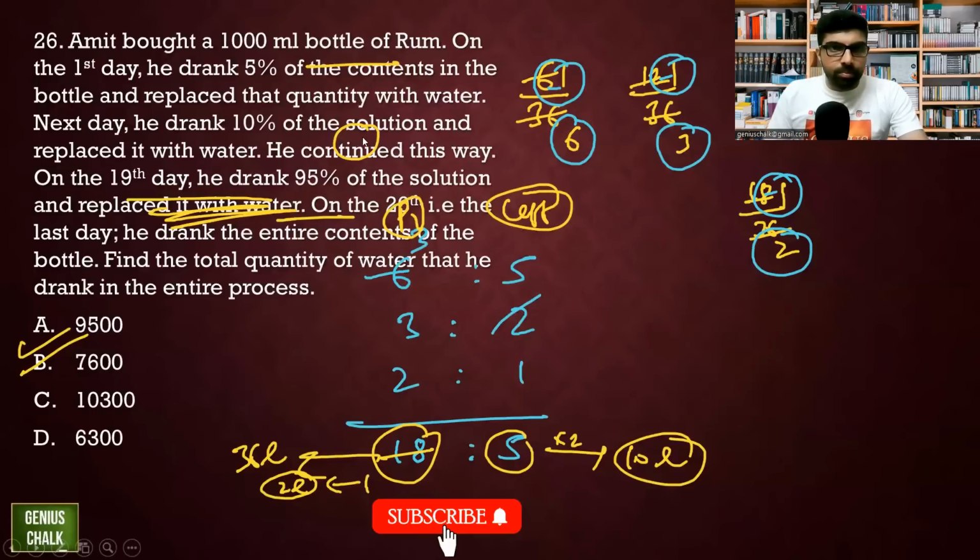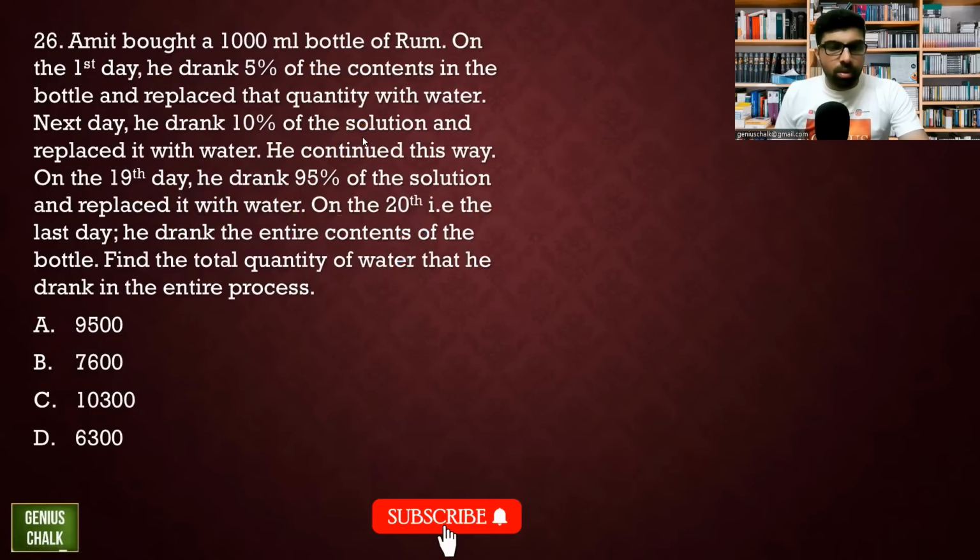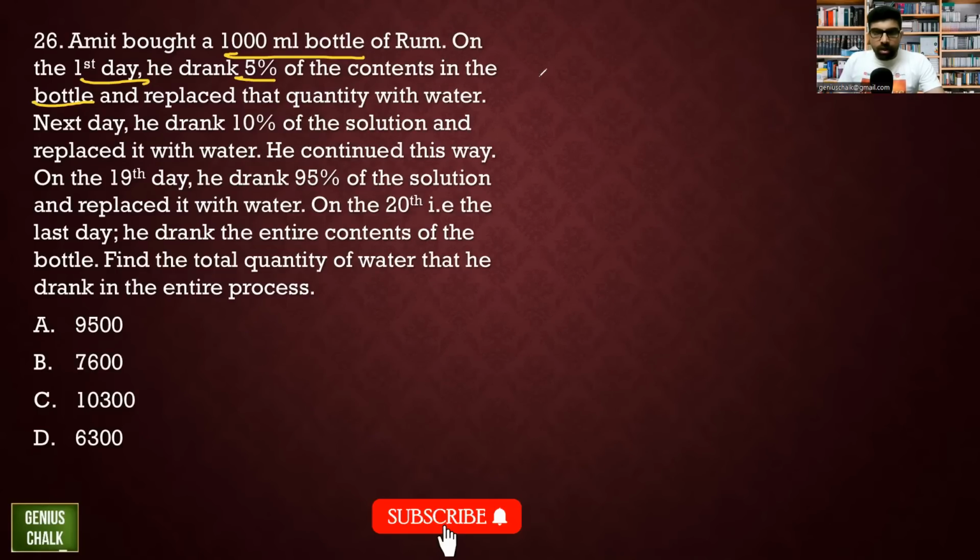Next one. Okay. Amit bought a 1,000 ml bottle of rum. On the first day, he drank 5% of the content in the bottle. That means on the first day, he will drink 5% of 1,000, right?